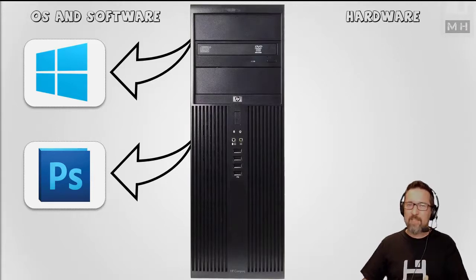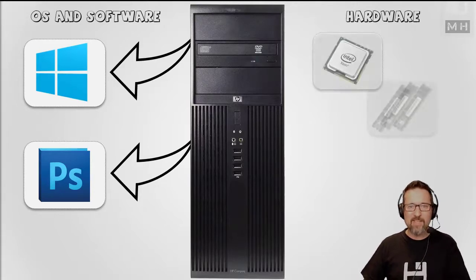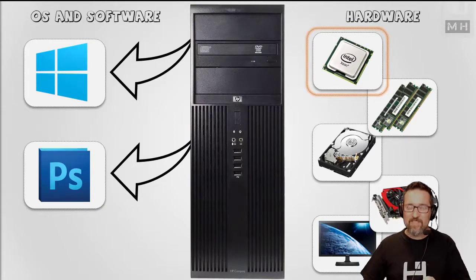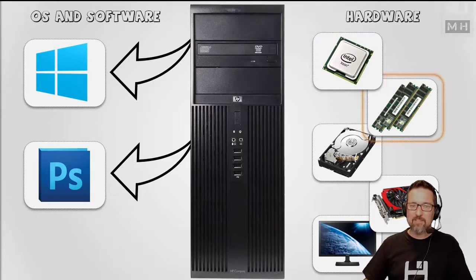But before we can install Photoshop on a computer, we first need to know, do we meet the minimum system requirements in terms of the hardware? So let's have a look. In terms of hardware, we're going to have to look at a few things like the CPU. Will my CPU be fast enough? Is it powerful enough to run this program? Because this program is quite CPU intensive. Do I have enough memory in my computer?